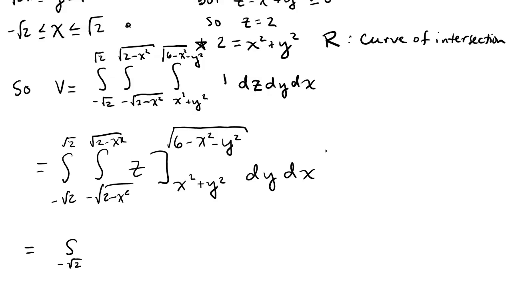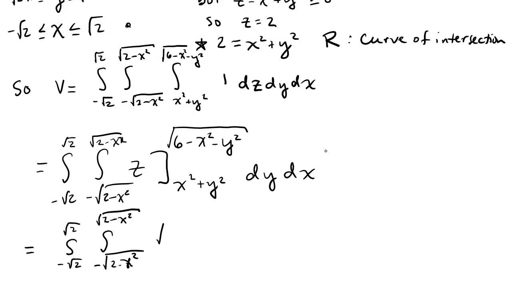So we've got negative square root 2 to square root 2, integral of negative square root of 2 minus x squared to square root of 2 minus x squared.